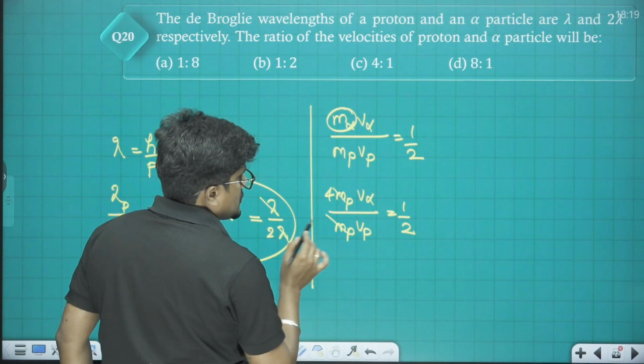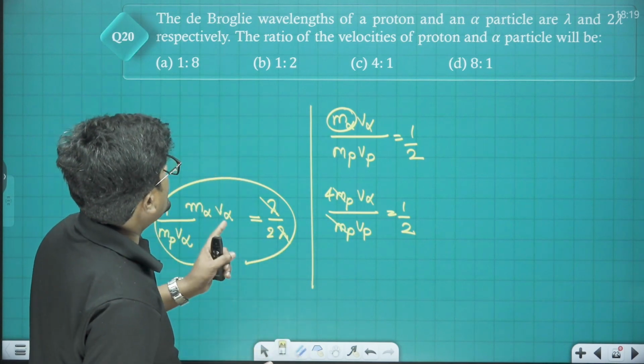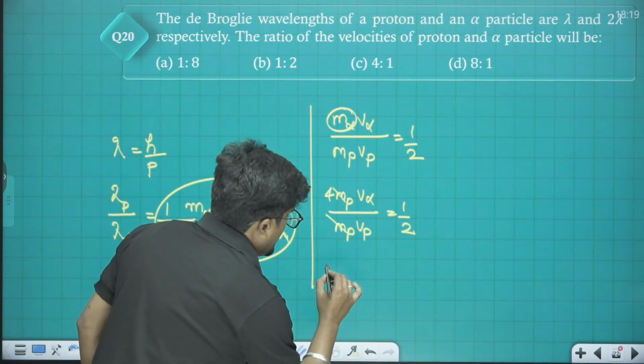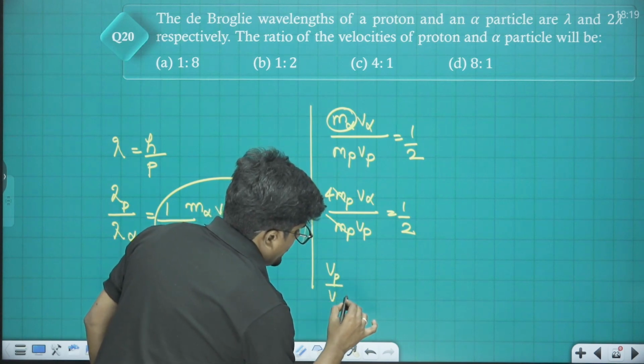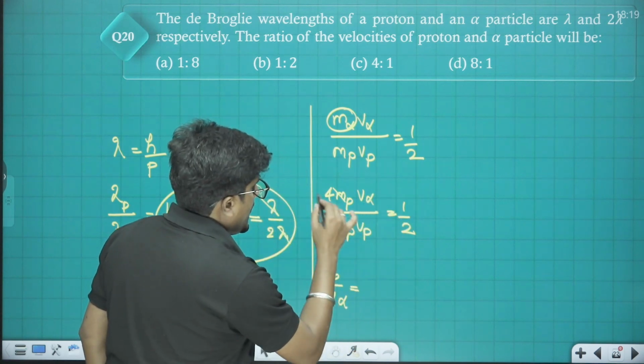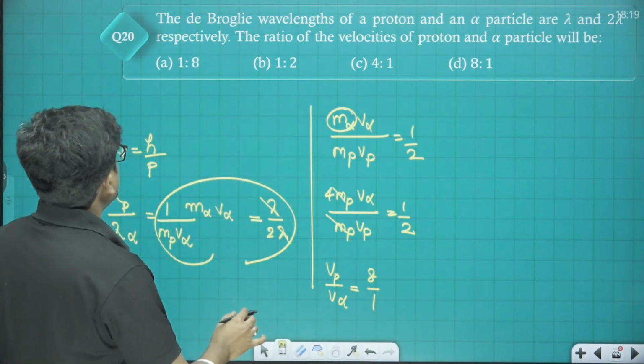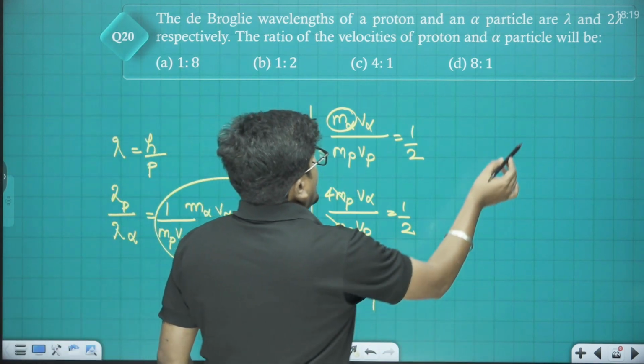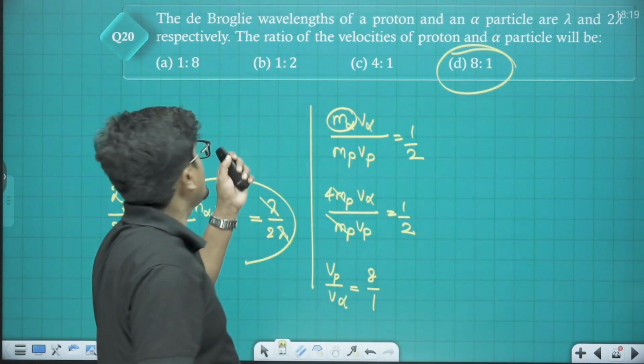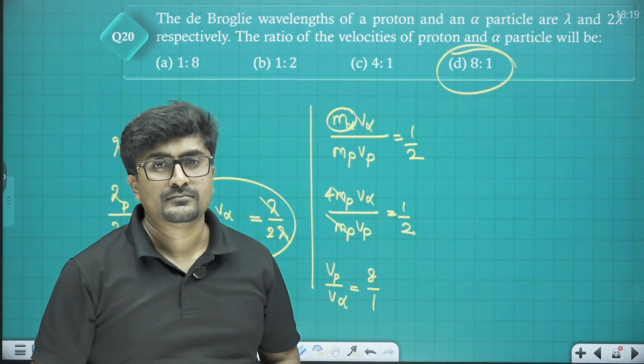Mass of proton and mass of proton will cancel each other. We need the velocity of proton upon alpha particle, so Vp upon V alpha, that needs to be 8 by 1, which means option D must be the correct answer in that case.